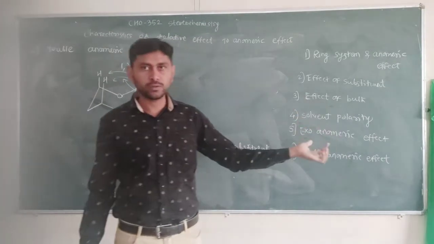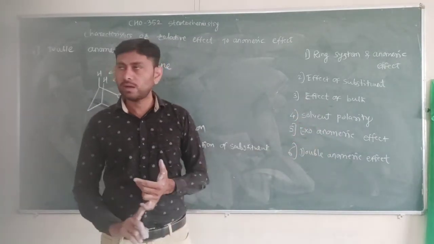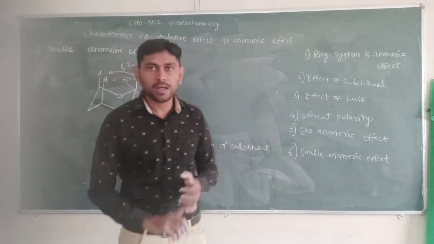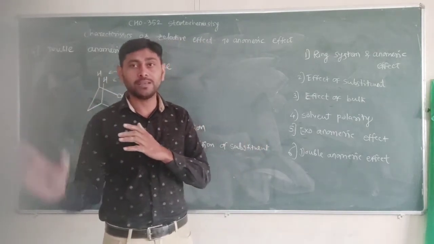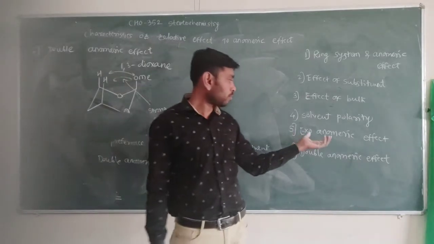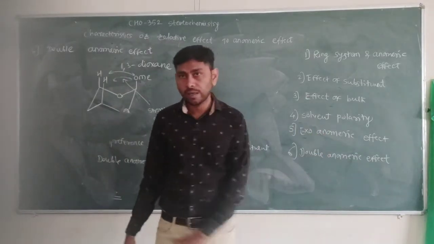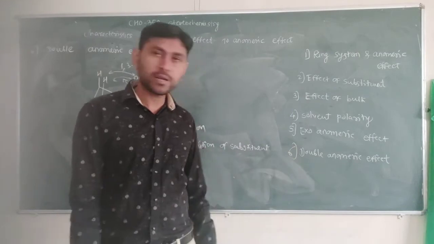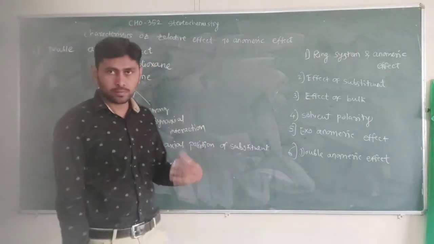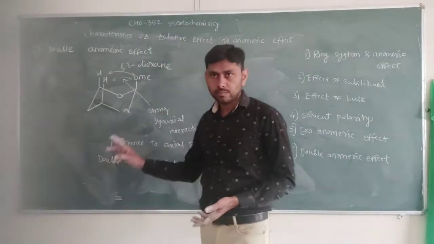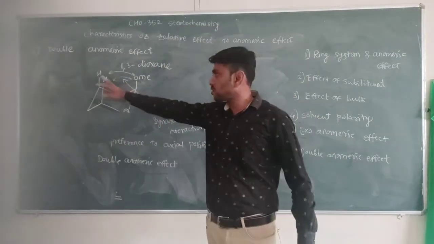In the exo-anomeric effect, the gauche interaction is there, and due to this gauche interaction, the oxygen-carbon bond goes away from the ring, and that is a well pronounced effect. We call it the exo-anomeric effect. With the double anomeric effect in 1,3-dioxane, the axial position is more preferred in spite of the strong syn-axial interaction.